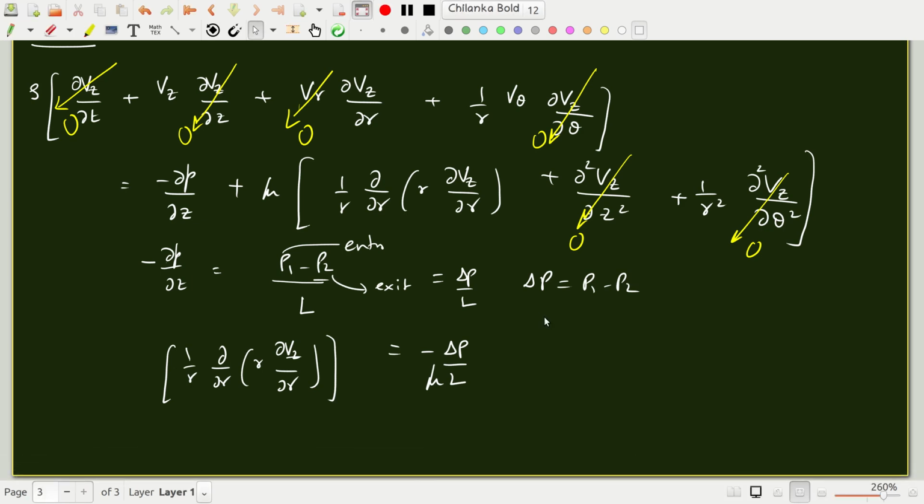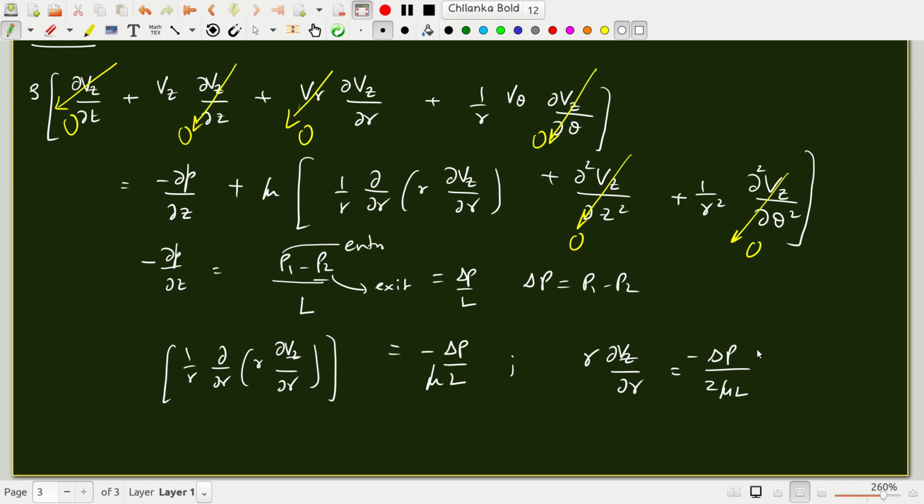If I integrate this once, I have to take this r to the other side as well. So if I integrate this once, I'll get r partial Vz by partial r is minus delta P by 2 mu L r squared.